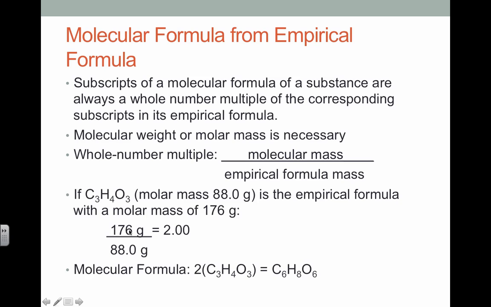We can divide the molecular mass by the empirical mass to get the multiple. So the molecular mass is double the mass of the empirical mass. So that means that we would have to multiply the subscripts in the empirical formula by 2. So the molecular formula is C6H8O6.